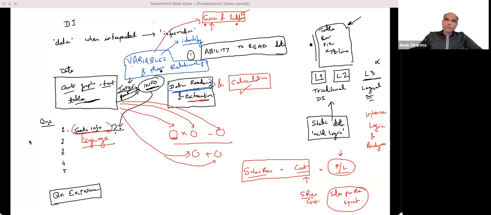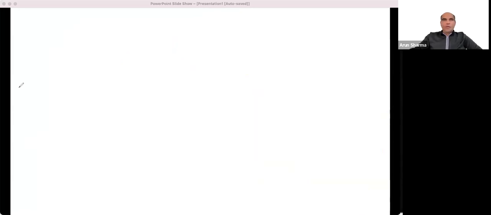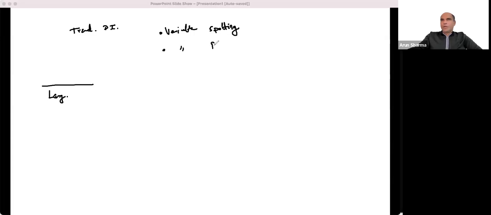So I'm going to clear this now. This is what your traditional DI question is. Now, a small word about language. If I list down the skills: variable spotting, the variables that are being talked about. Variable perception, perceiving the variables which are coming out of this data, which are not given explicitly.